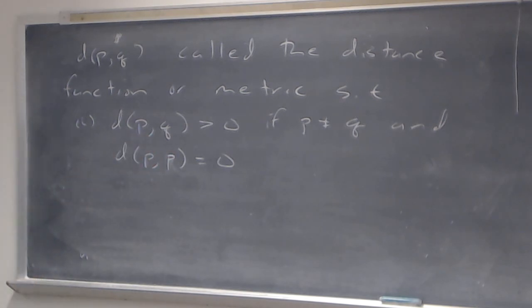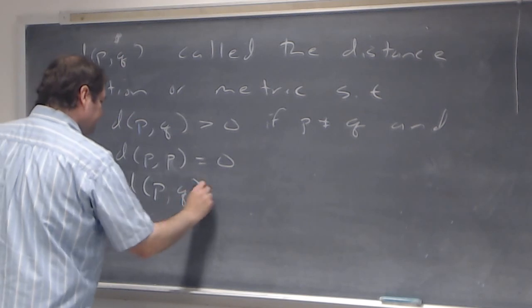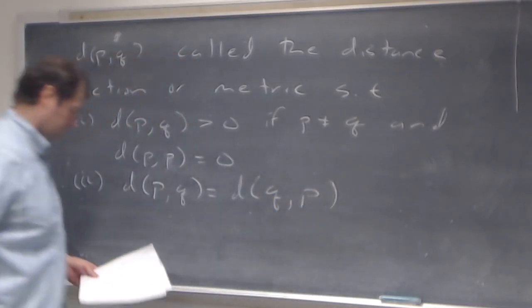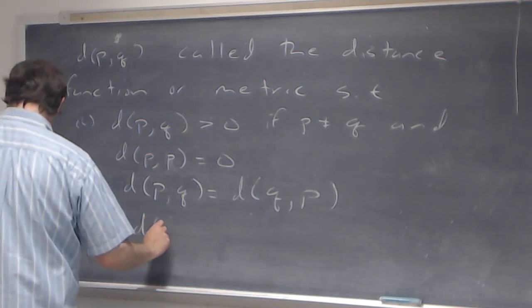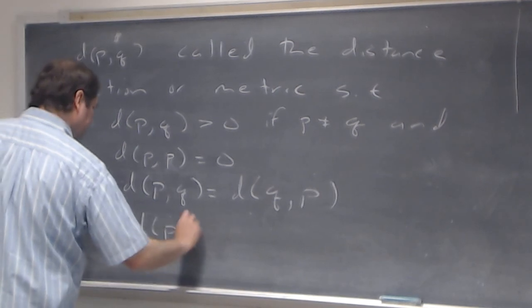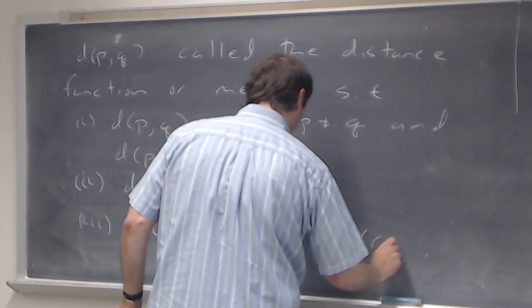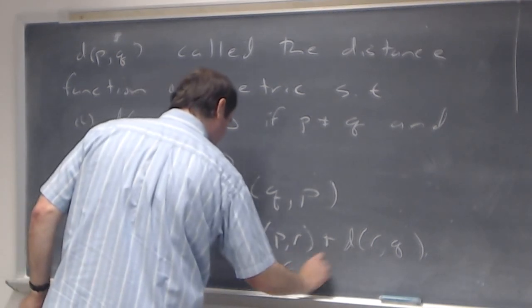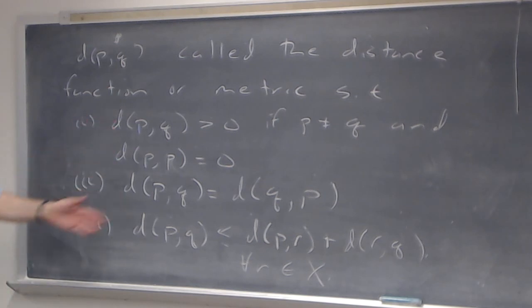So that has to be satisfied. 2, the distance between P and Q is equal to the distance between Q and P. And then thirdly, the distance between P and Q is less than or equal to the distance between P and R plus the distance between R and Q. That's a statement that's true for every R that's an element of X. So these are the qualifications that need to be satisfied by this distance function, this metric, and a space that has this type of function on it is called a metric space. Okay?